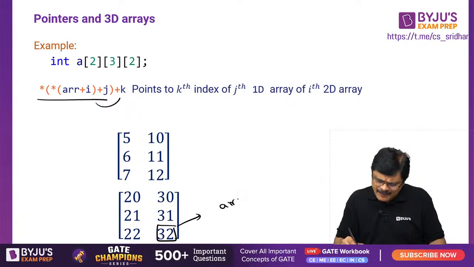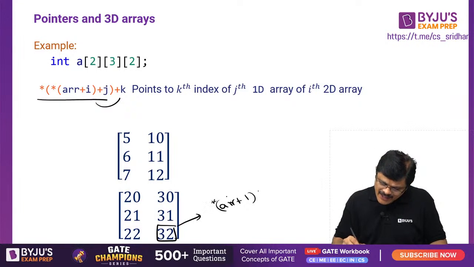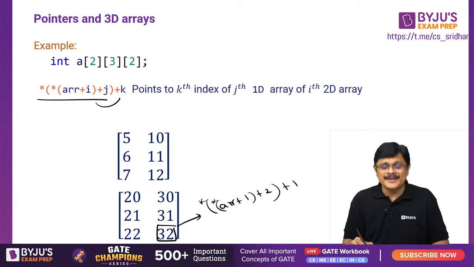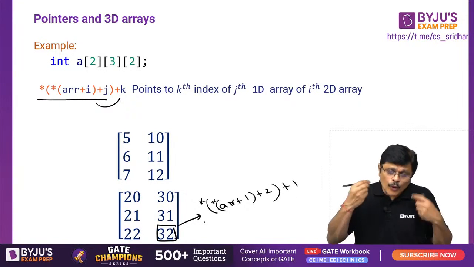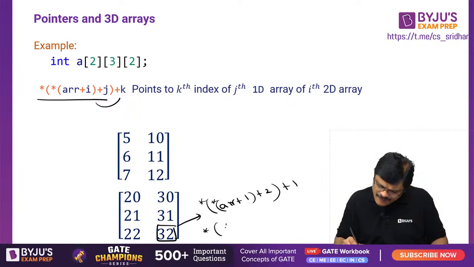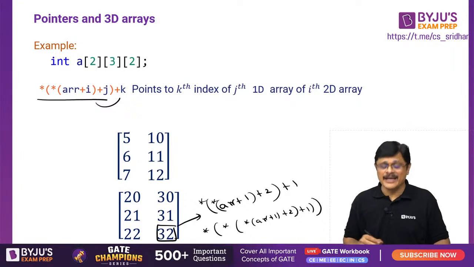This element is star of star ARR plus 1 plus 2 plus 1. This is the address, and whole star of that will give you the value, which is 32. Is the idea clear?